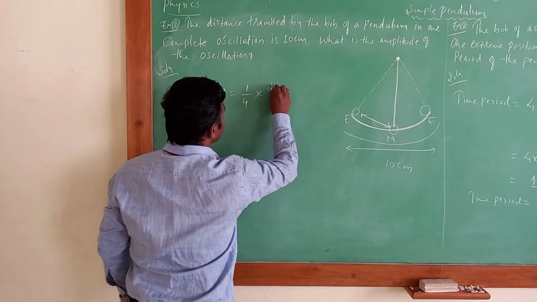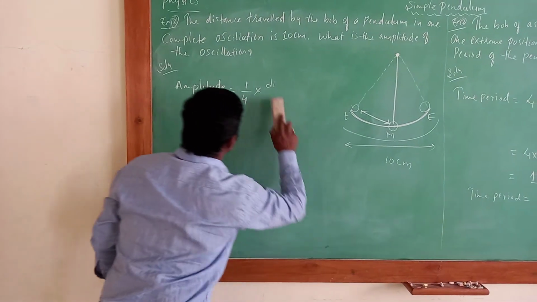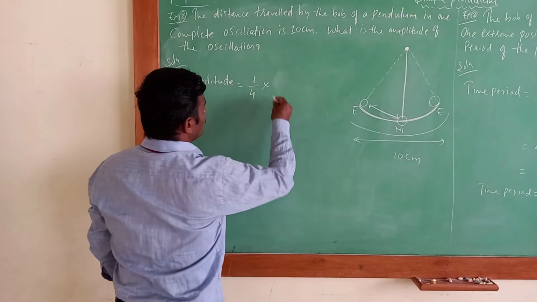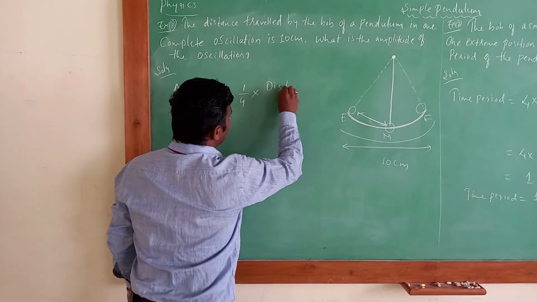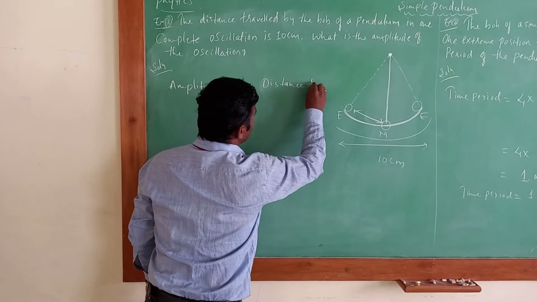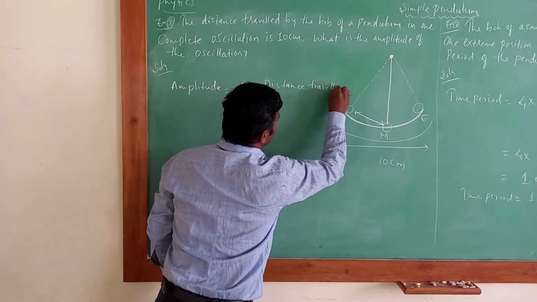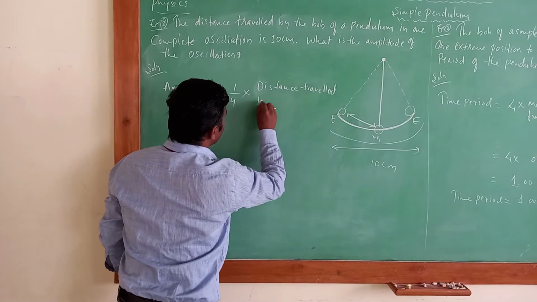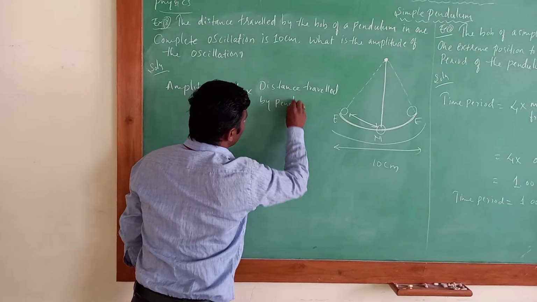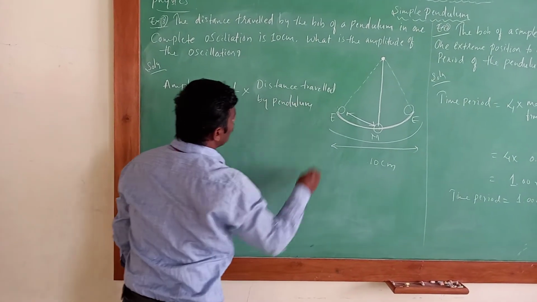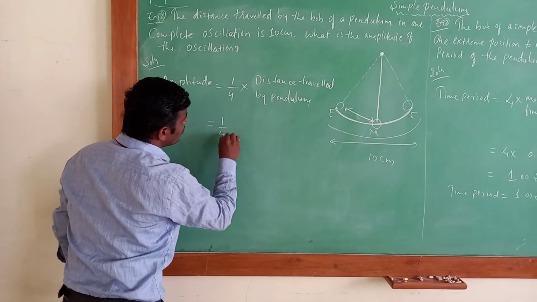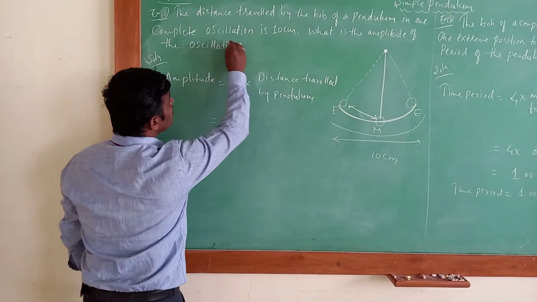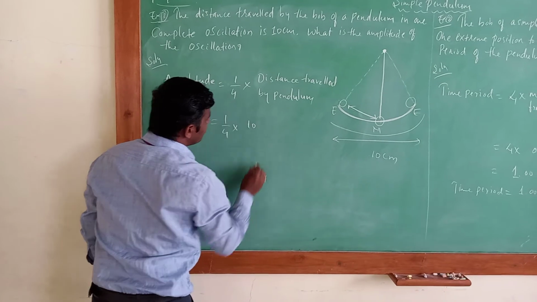The amplitude is 1/4 of the distance travelled by the pendulum, right. So 1/4 into how much distance they have given? 10 centimeter.